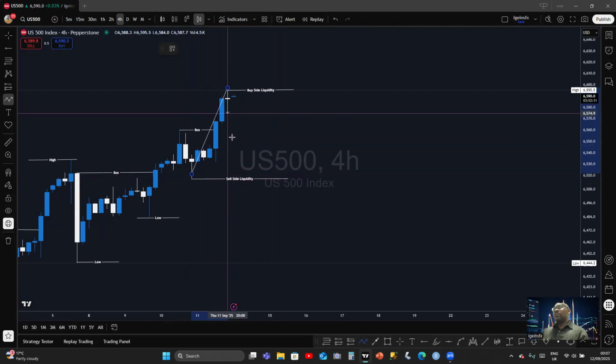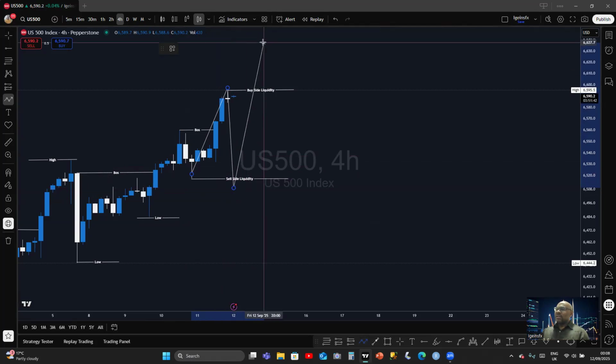Once price violates this sell side liquidity and it body breaks it, what do we mean by body breaking? The body of the candle that gets to this point will push below this level. One of the signs for you to know that price just came to take liquidity and the aim is to go back and resume the underlying trend is when you see something like this.